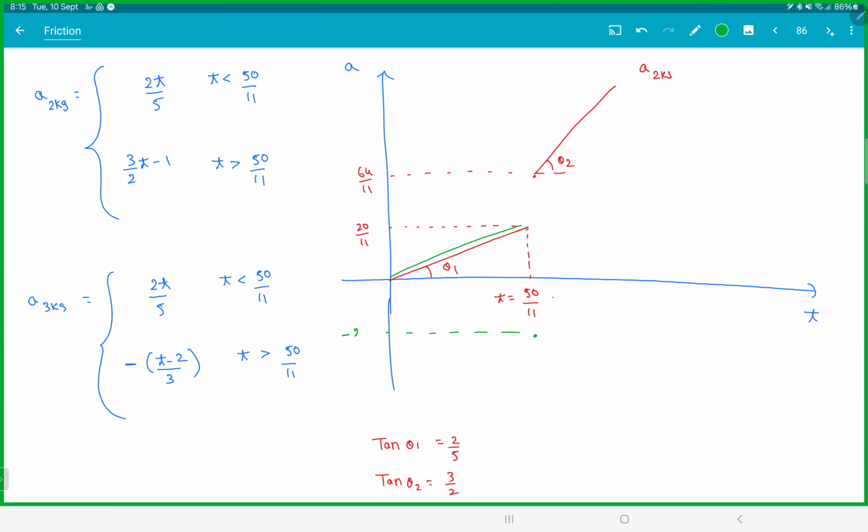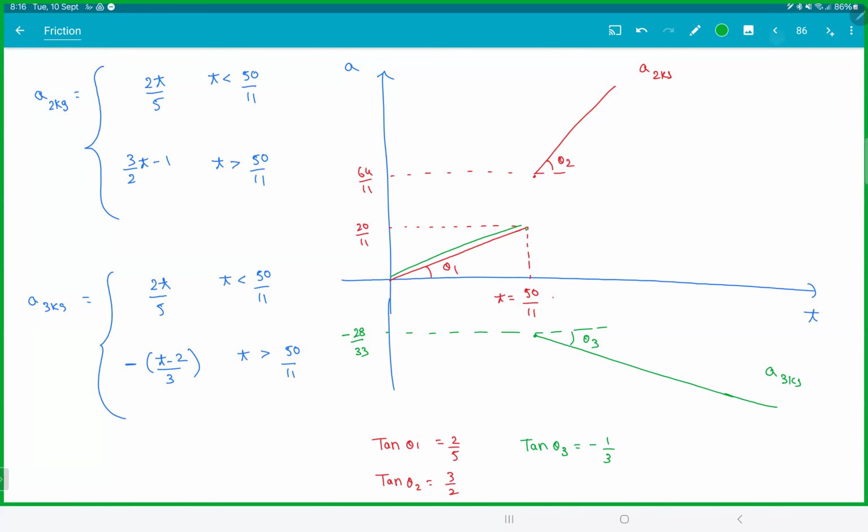It becomes minus 28 by 33. And then this guy becomes like this. This is angle theta 3, and tan theta 3 is minus 1 by 3. This acceleration is negative, no? It goes downward. This would be the 3 kg block acceleration. Clear?